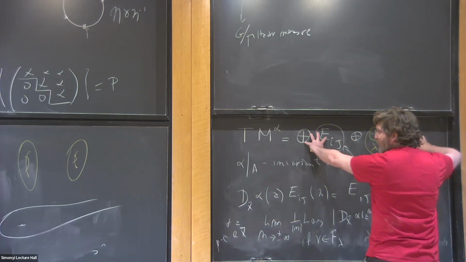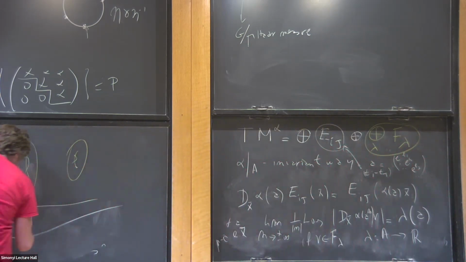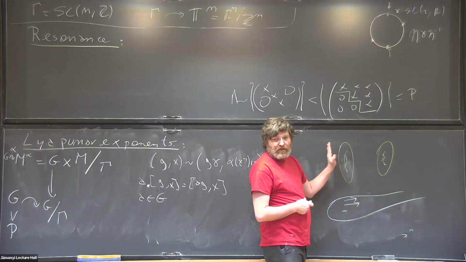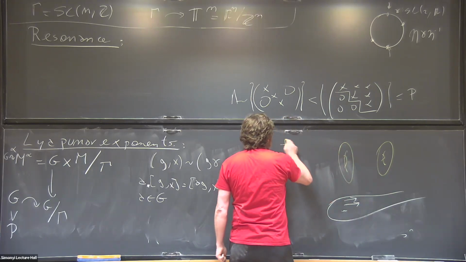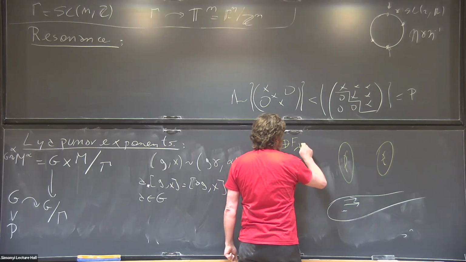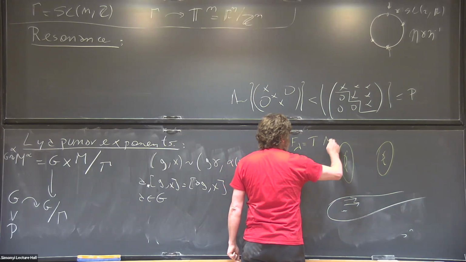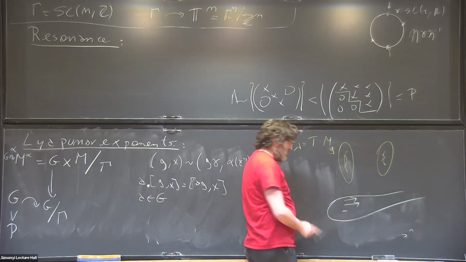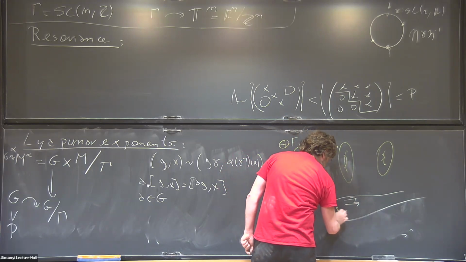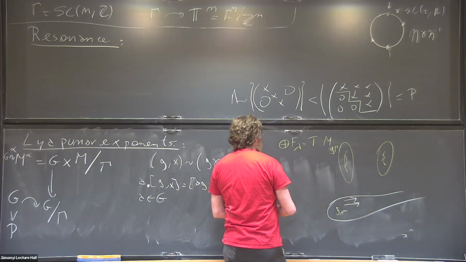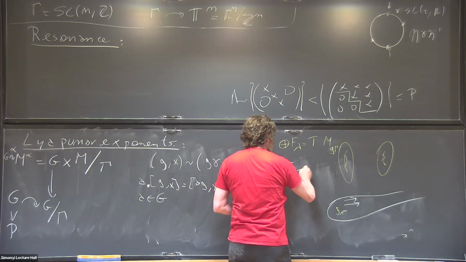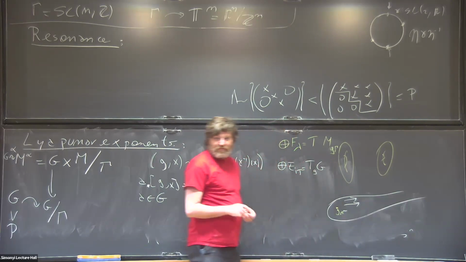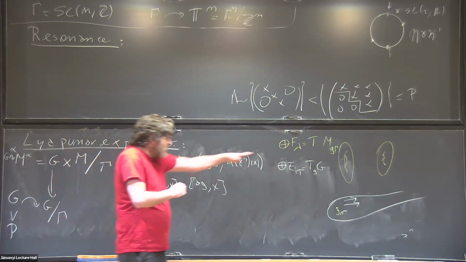So this splitting corresponds in the picture to the following: the Aij's are tangent to the G orbit, and the F lambdas are tangent to the fiber. The sum of the F lambdas is tangent to M over the corresponding G over gamma in the base, and the sum of the Aij's is tangent to the orbit.